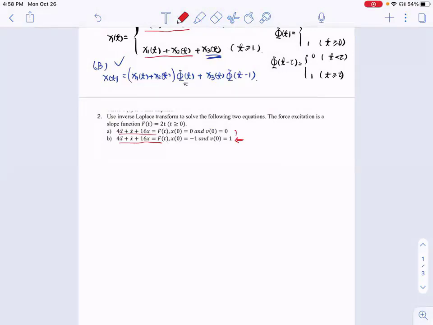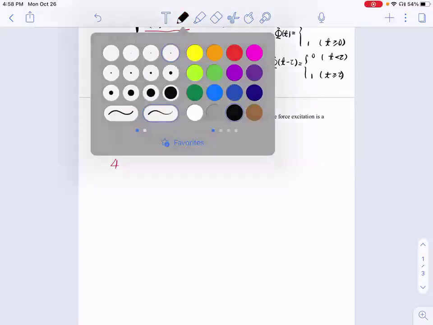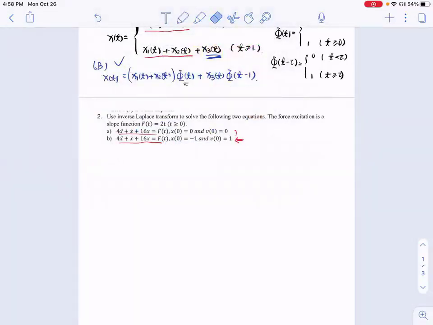So first of all, let's do the Laplace transform. You have 4 x double dot plus 6x equals 2t. And then you have your initial velocity and initial position.